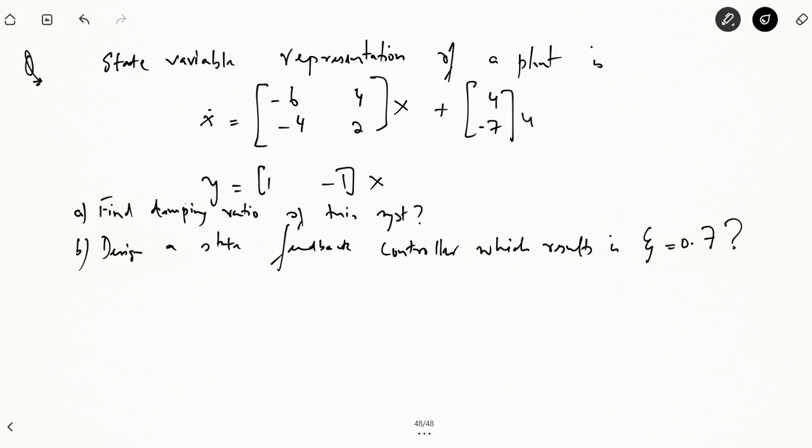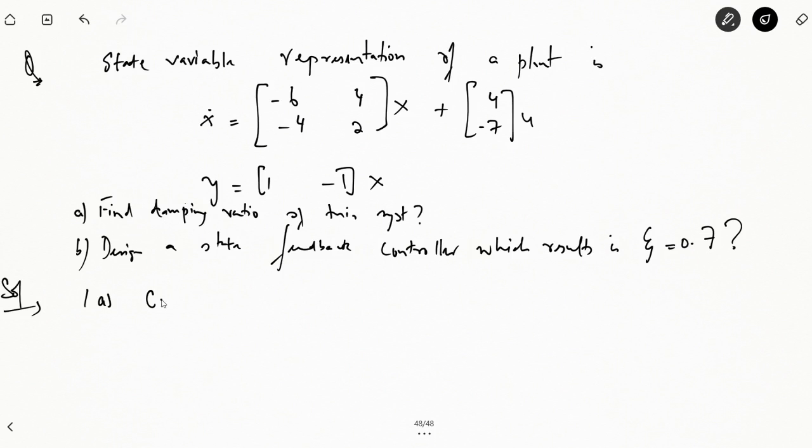Fine. So you have been given a system, you have been asked to find the damping ratio of the system, and you have also been asked to then design a state feedback controller for the system for which the damping ratio of the plant will become 0.7.